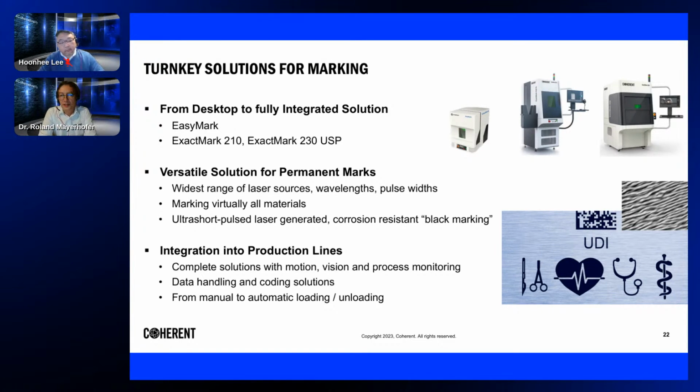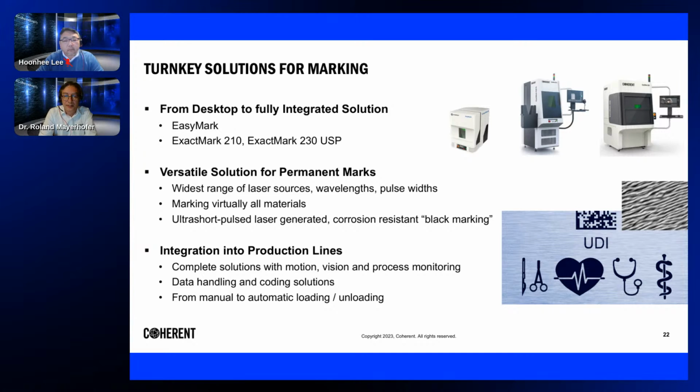We've got all kinds of marking solutions from desktop to fully integrated solutions, standalone solutions. Quite versatile because we probably have the widest range of laser sources, wavelengths, pulse widths and power levels in the market. And we can use them to optimize processes on basically any material.